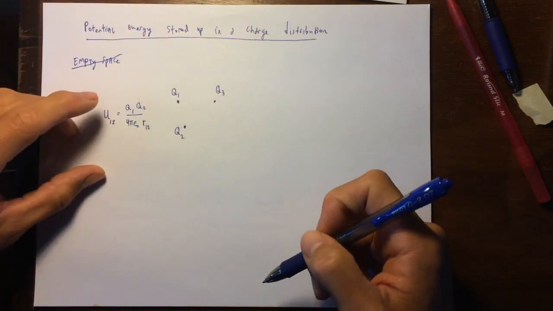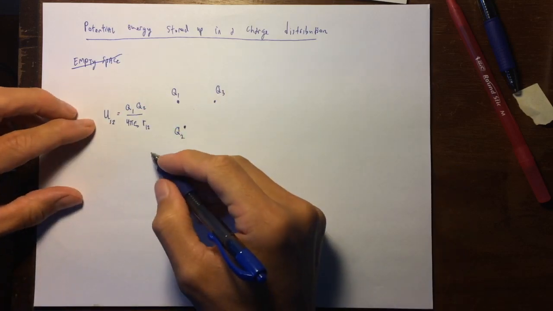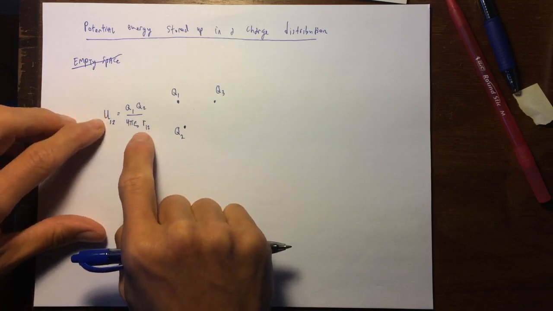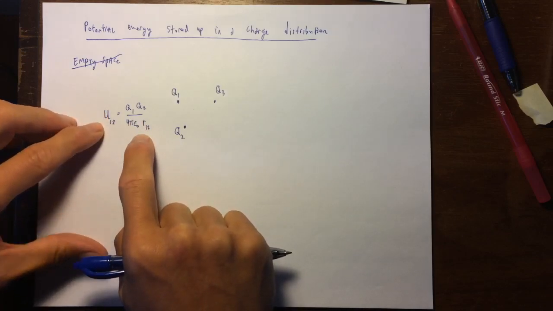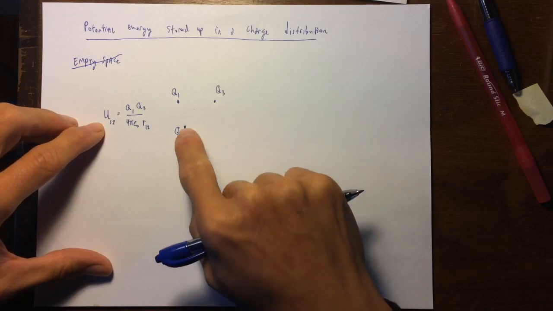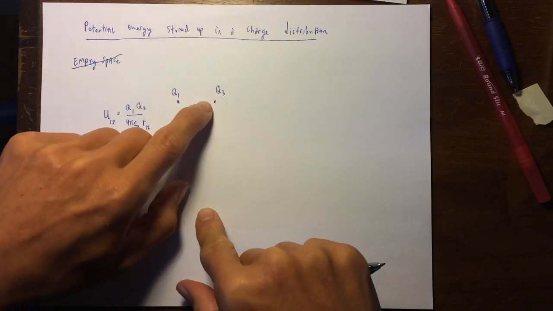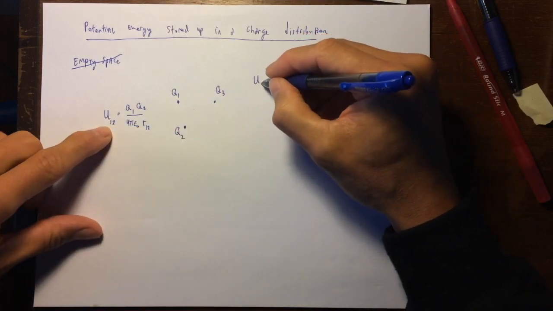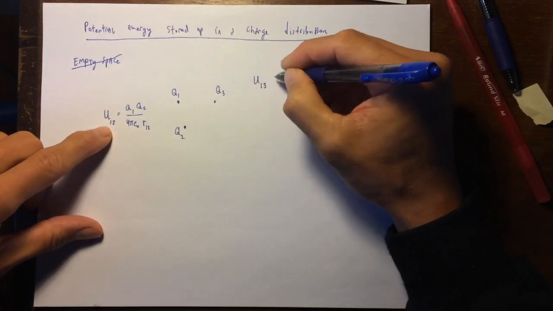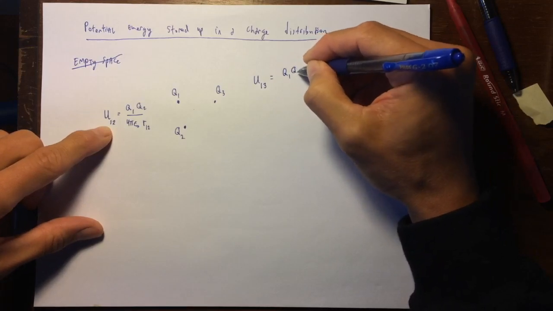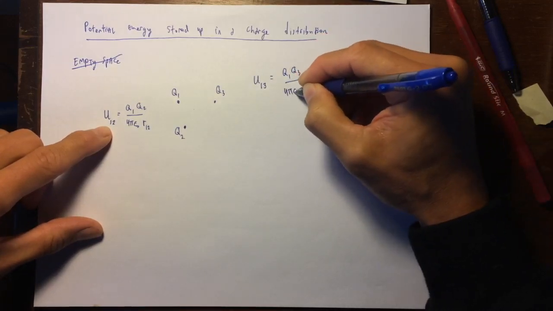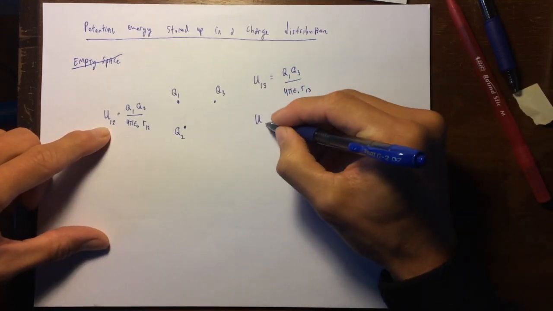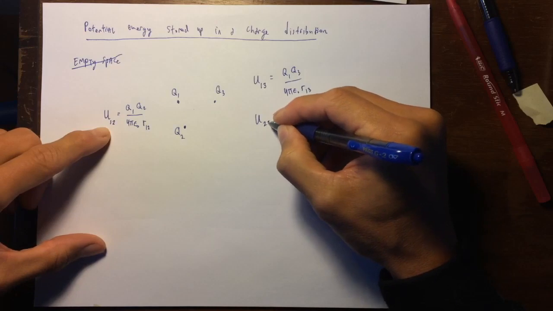So what I'm saying here is, this is work actually that I needed to do in order to bring Q2 in against Q1. But to bring Q3 in, I need to cause 3 to fight with 1. But I also need to pay the price of bringing 3 in against 2.